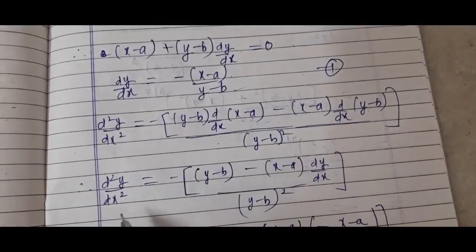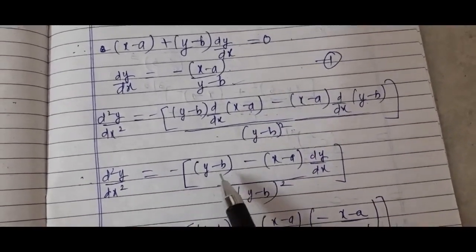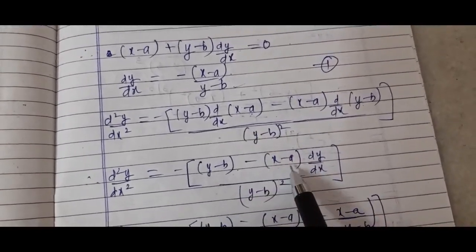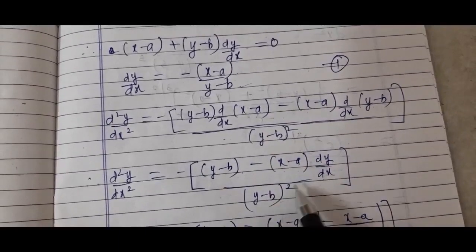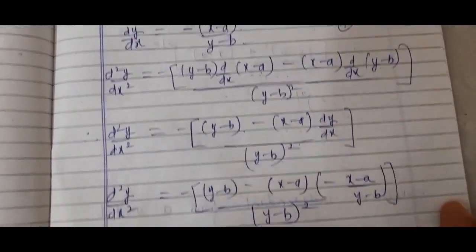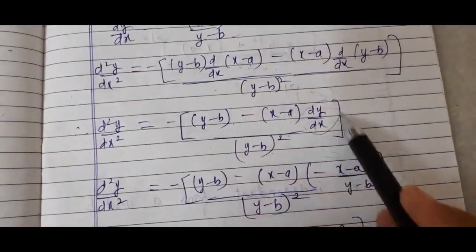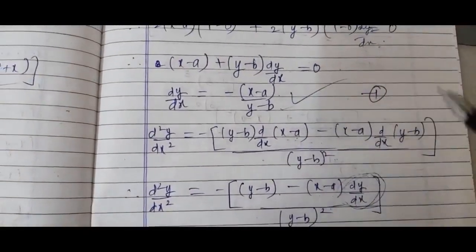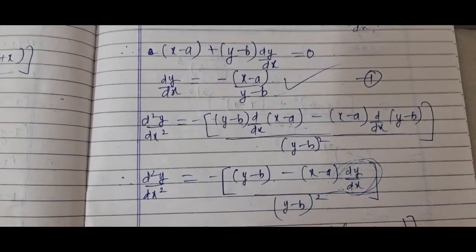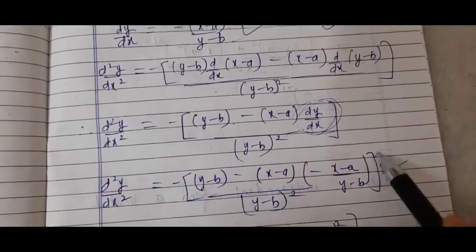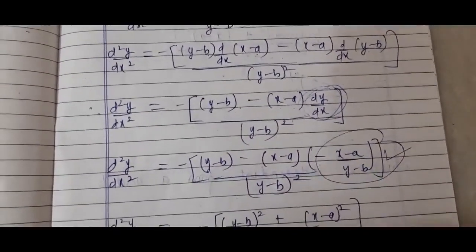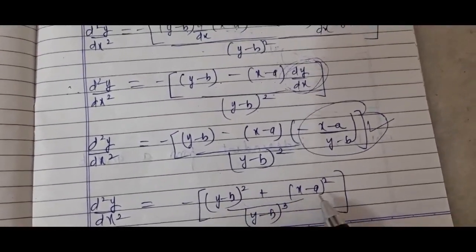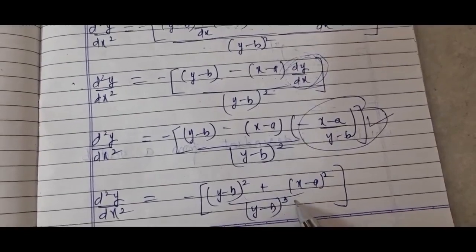Next step, d square y by dx square equal to minus y minus b, here we'll get 1 minus x minus a into dy by dx, upon y minus b the whole square. But in place of dy by dx we are going to use this value, that is minus of x minus a upon y minus b. We substitute here, and we get d square y by dx square equal to minus of y minus b the whole square plus x minus a the whole square upon y minus b the whole cube.